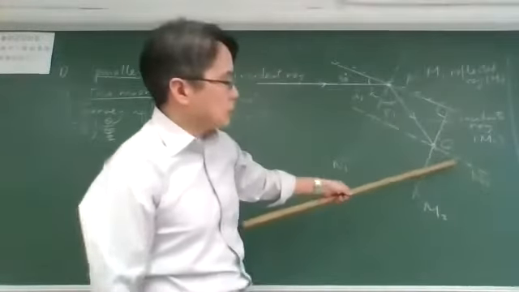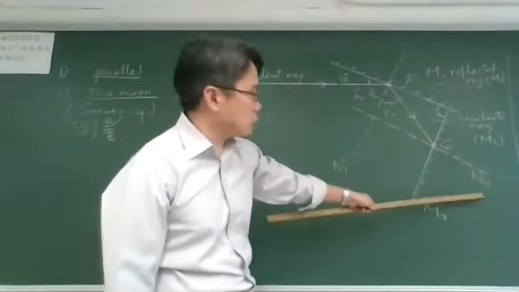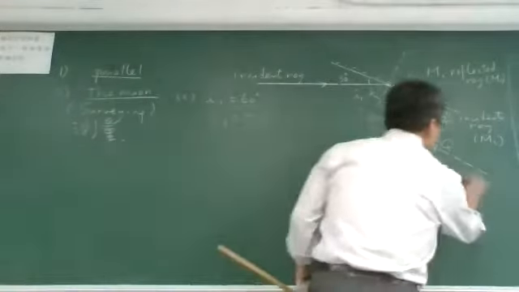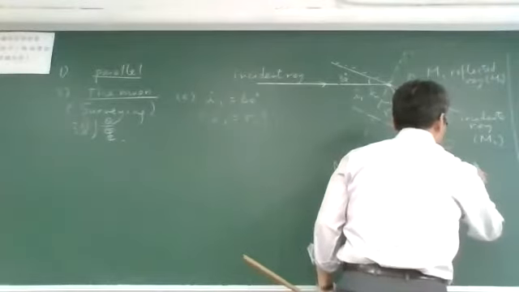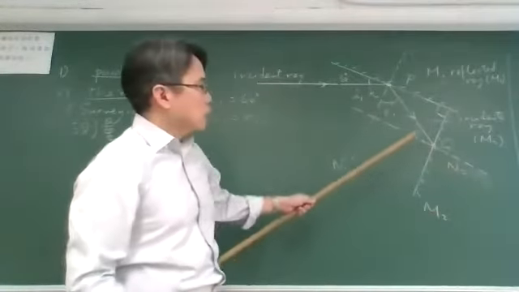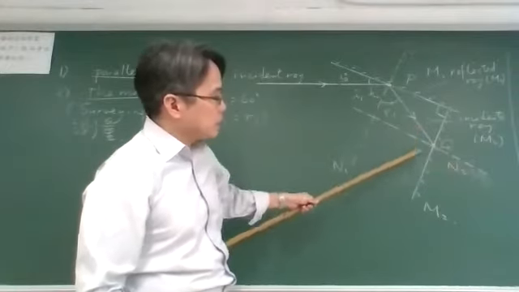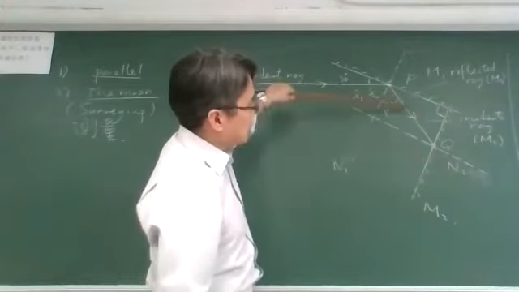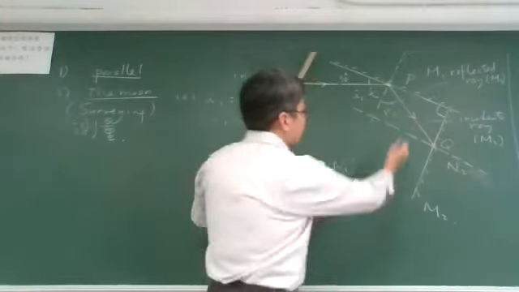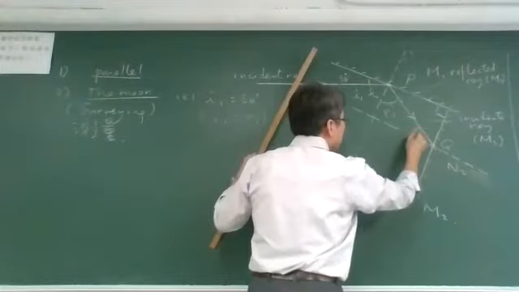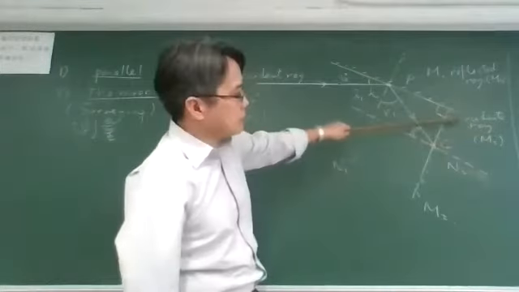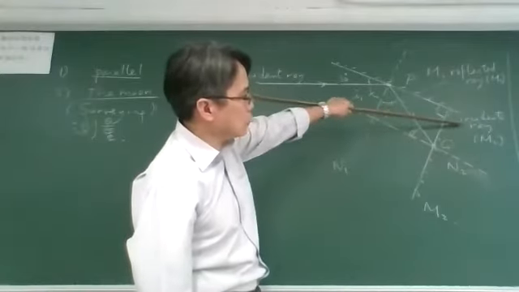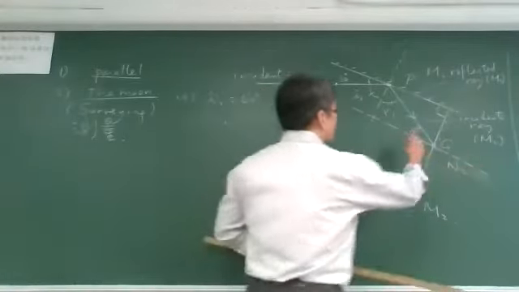I'm going to call this normal N2 because it is to mirror 2, right? And so now we are going to find the angle of incidence onto M2, where the definition is the angle between the incident ray and the normal to M2, and I'll call this I2.